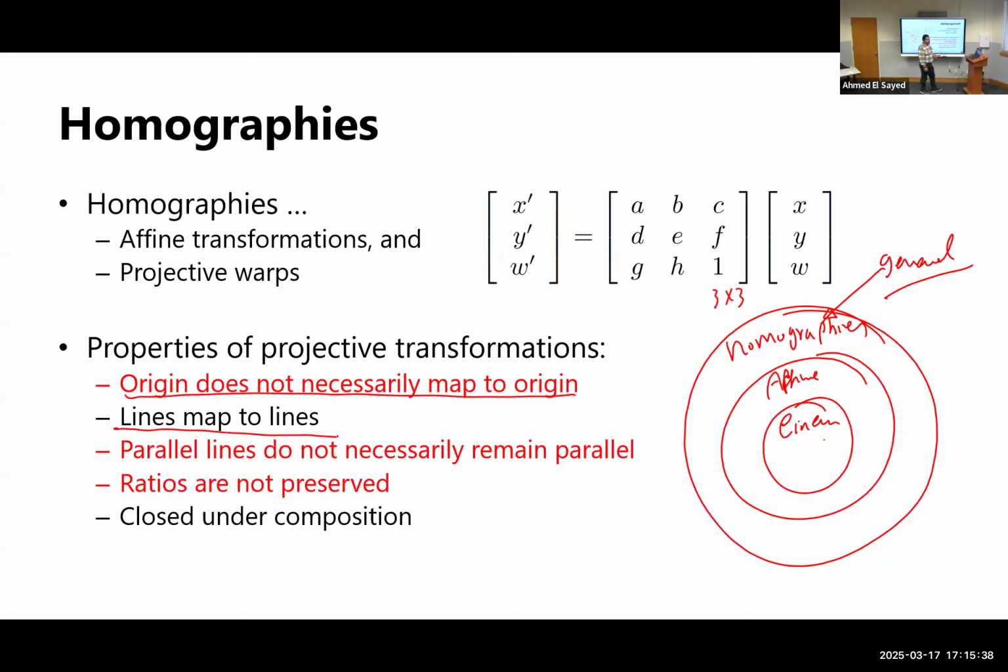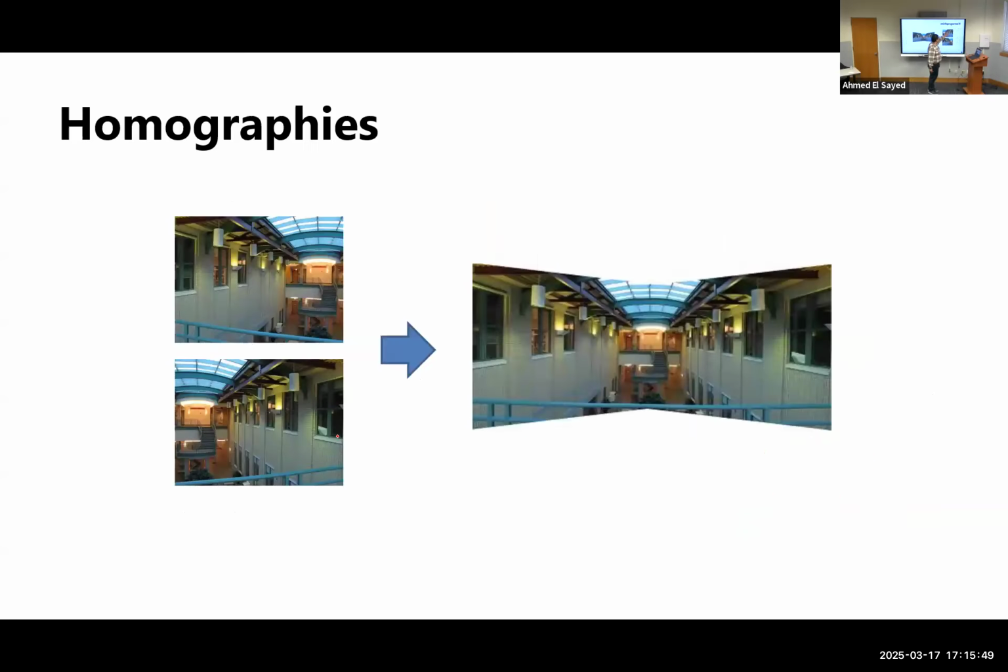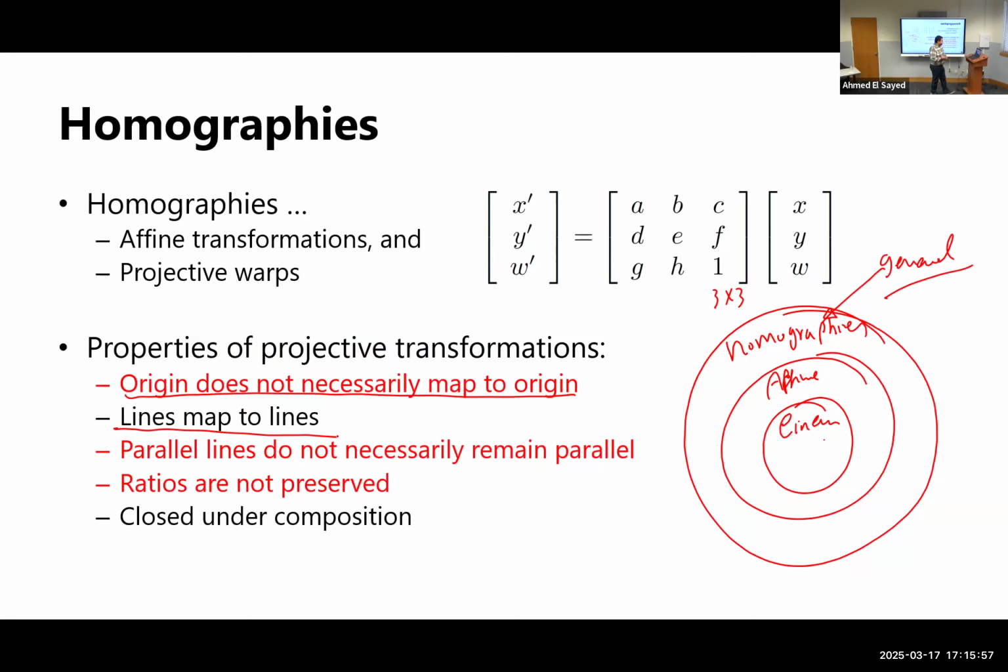Lines will stay lines. But if they were parallel, they don't have to be parallel after transformation, as I showed you in the example here. Those were parallel, here, not parallel anymore. Okay? So parallel does not remain parallel, or doesn't have to be parallel.